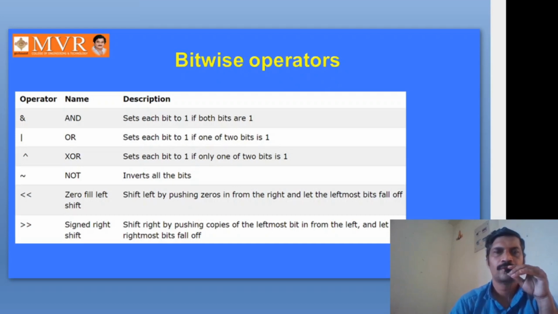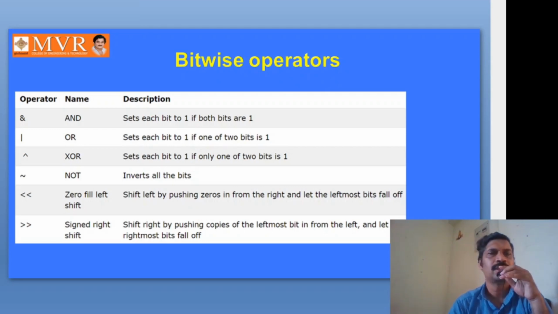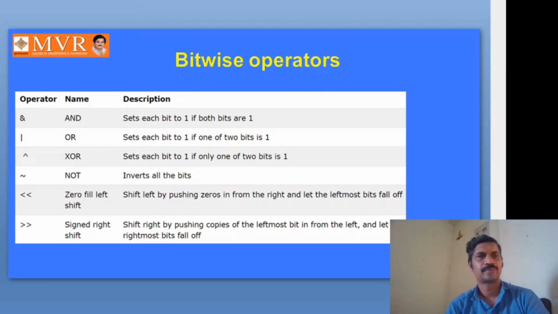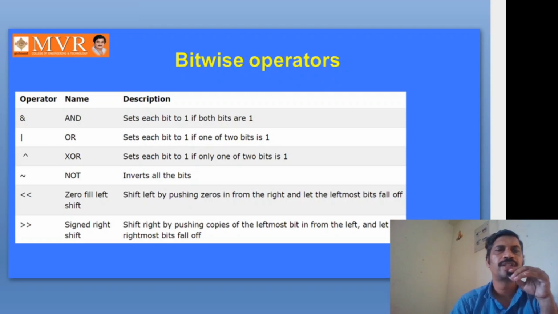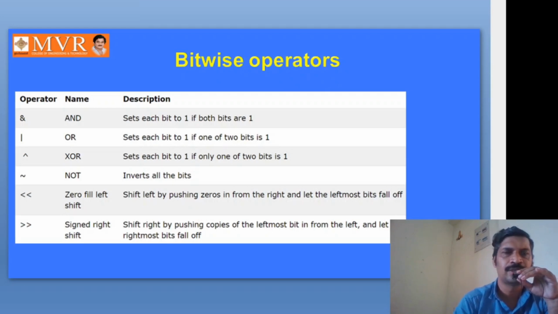Okay, 3 or 9. What is the result of the first bit? I am performing the operation 3 or 9. Okay, 0 or 1, the result is 1. Next, 0 or 0, 0. If any one of them is 1, the result is 1.